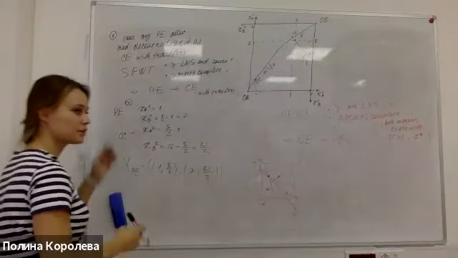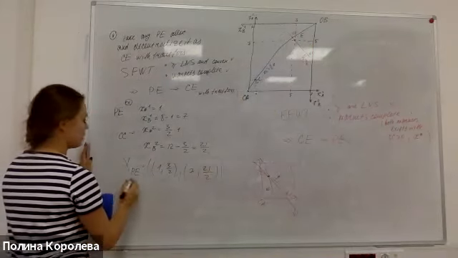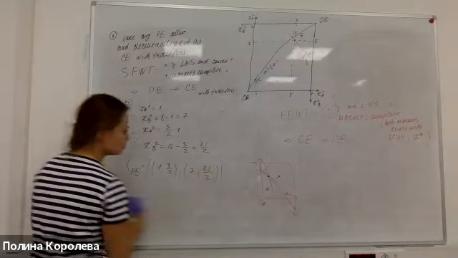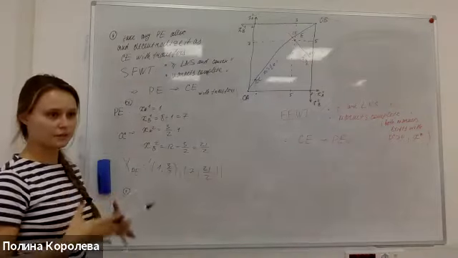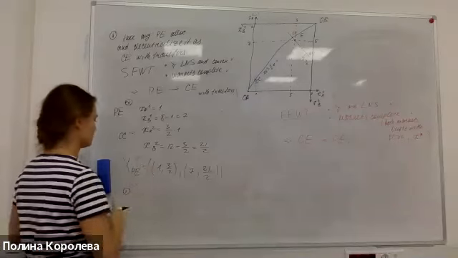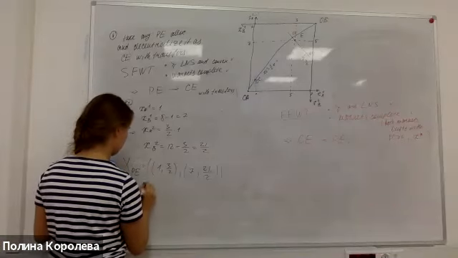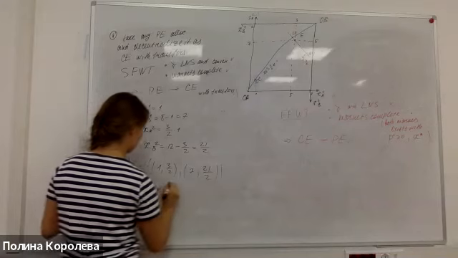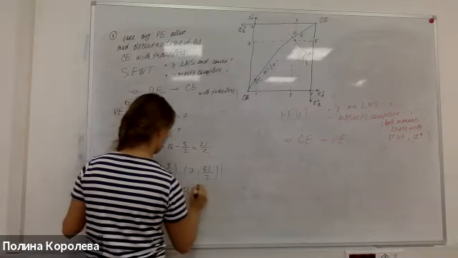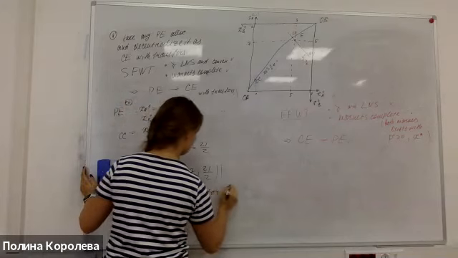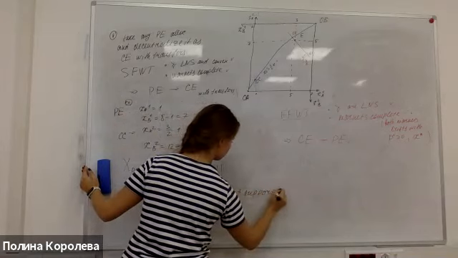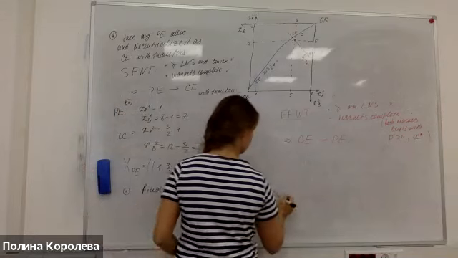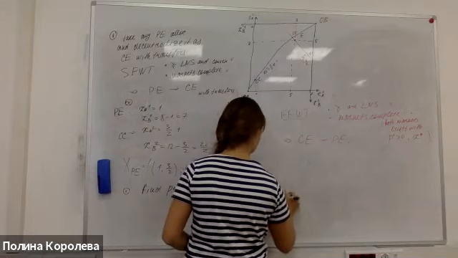Let's check it. So our first move is to find the price vector that supports this point as competitive equilibrium.